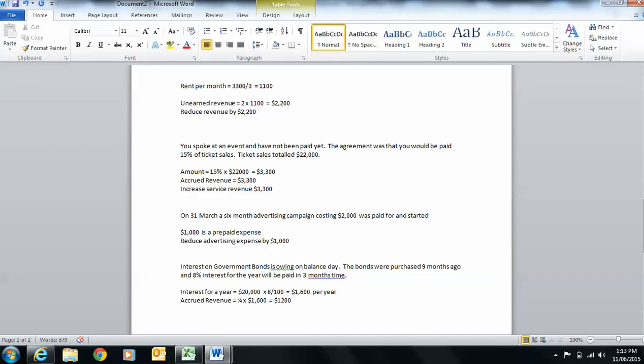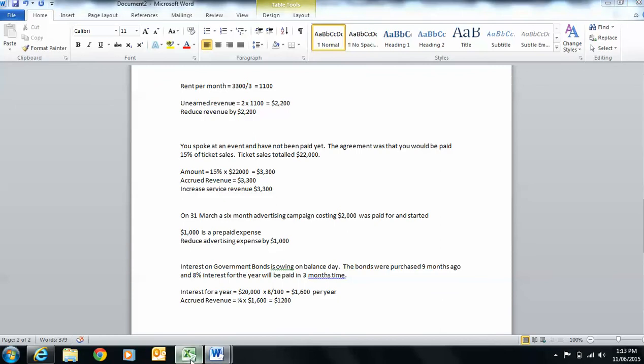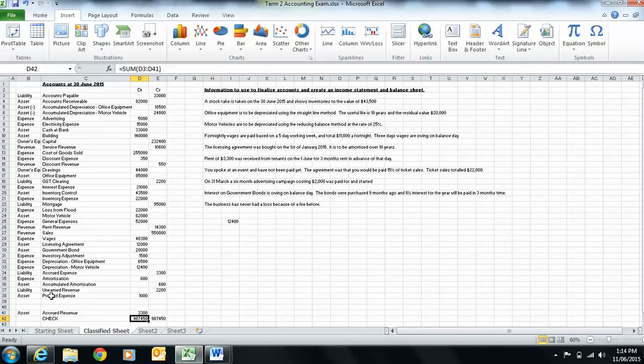So we're going to have some interest revenue equal to $1,200, and accrued revenue as an asset. And I think we've already got some accrued revenue, so we can add the $1,200 onto that to give us $4,500. Now, whether we have any interest revenue yet, I would suggest that we may not.